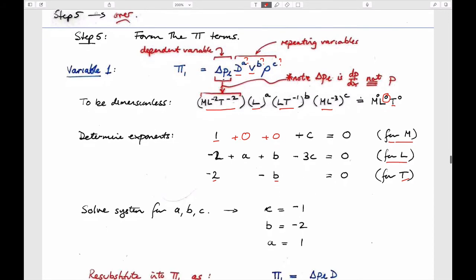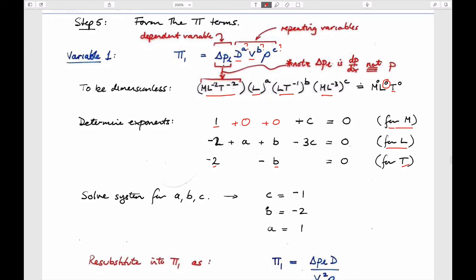And so from this, we immediately know that C is equal to -1. And we can calculate from this that B is equal to -2. So we have each of these.